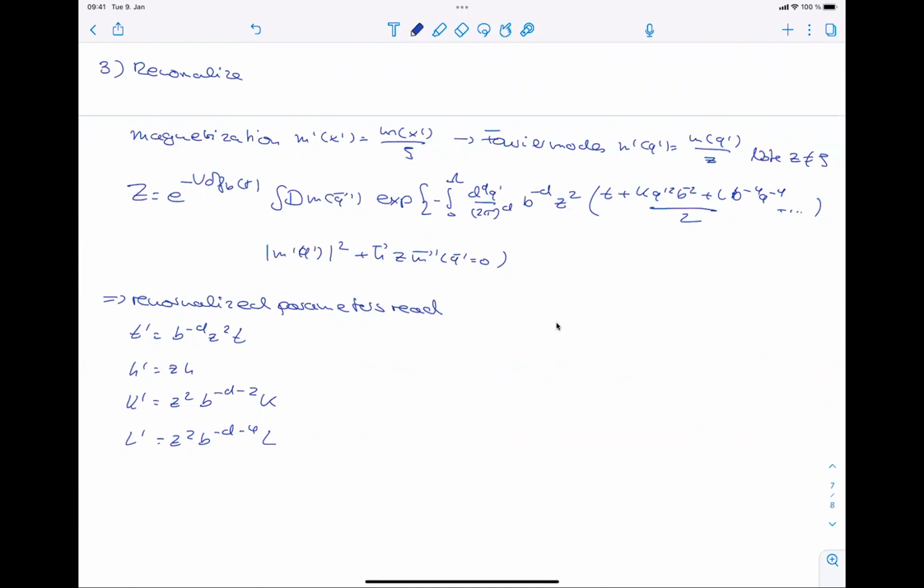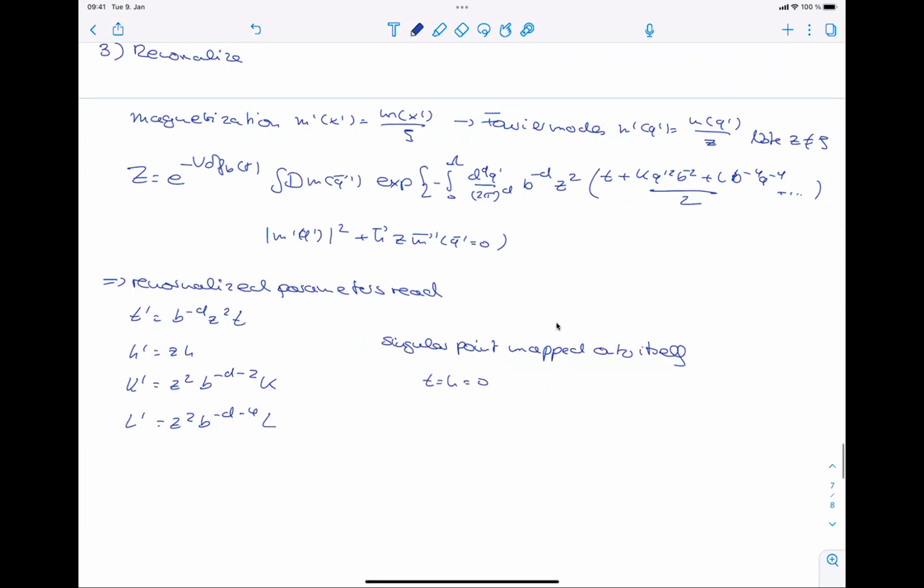And so what needs to be true under this transformation is that the singular point is mapped onto itself. And that's true because the singular point is t and h equals 0, and they transform onto each other.